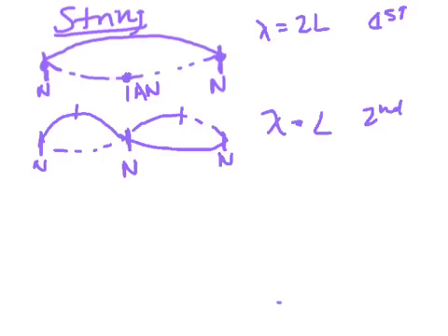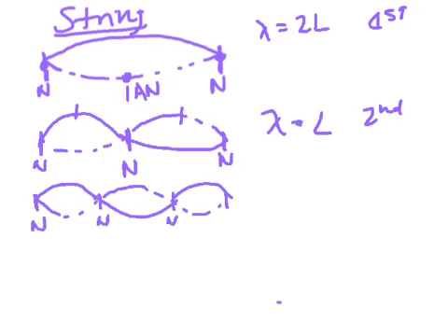The third, what's going to happen is, just like you've seen before, we go from 2 nodes to 3 nodes. We're going to go to adding one more node. So again, you have the 2 nodes at the end. Now you have 2 nodes within. So you're going to get a crest, trough, crest, and you're going to get the repeating pattern. So you get node, node, node, and node, and then you get 3 antinodes: 1, 2, and 3.